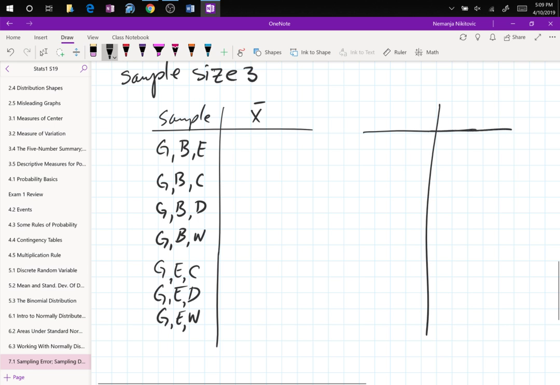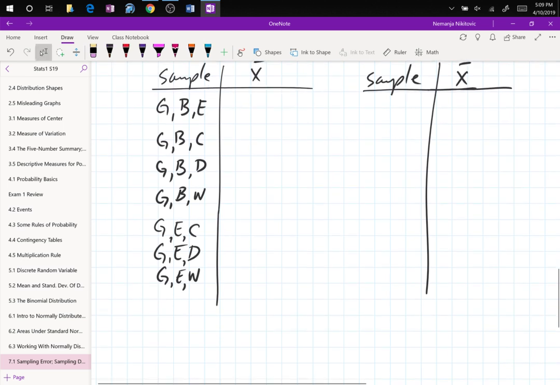It's supposed to be less. And then GCD, GCW, and GDW.